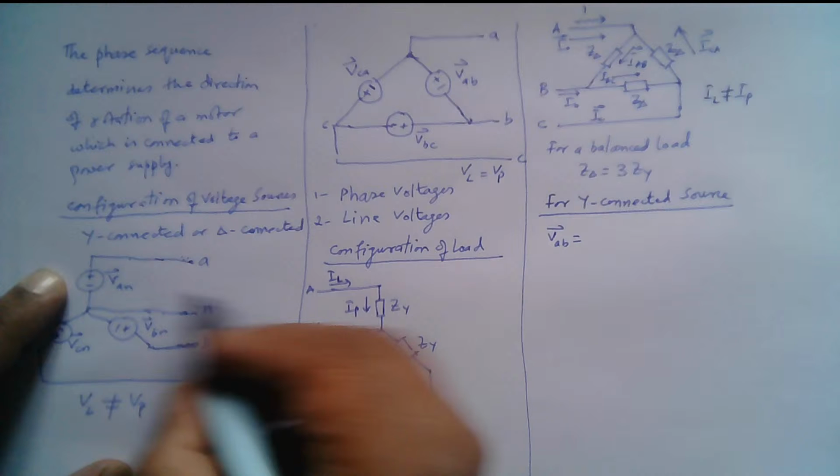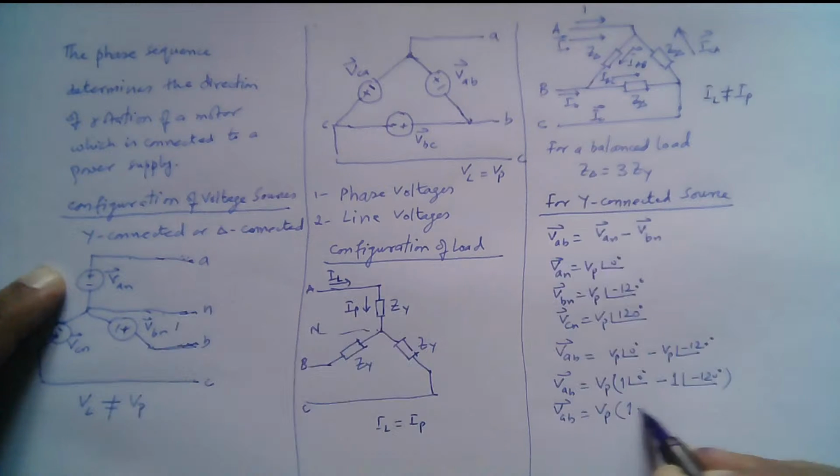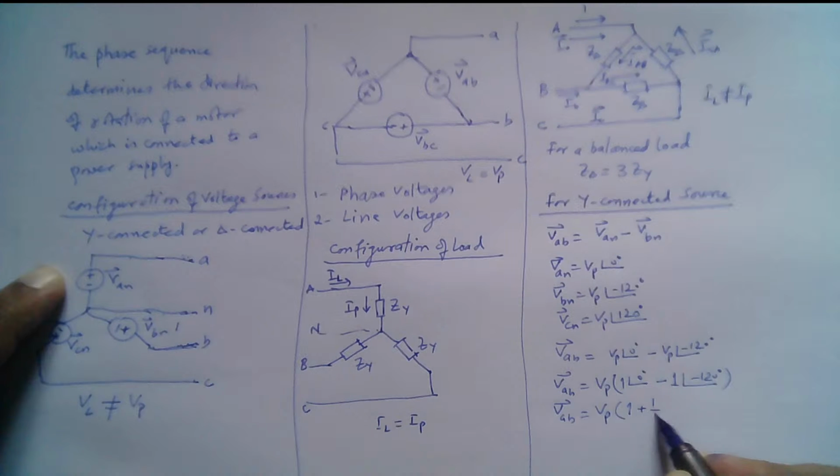If we transform this to rectangular form, 1 angle 0 degrees is 1 plus j0, so this is 1, and this will be cos minus 120 plus j sine minus 120 degrees. If we find out the values, cos minus 120 is minus 1 over 2, so minus minus 1 over 2 will be plus 1 over 2, right?